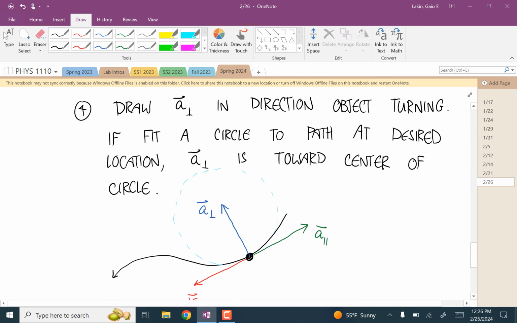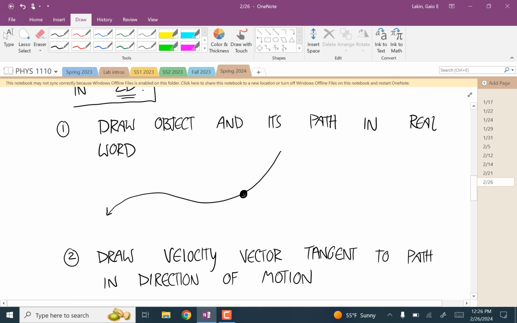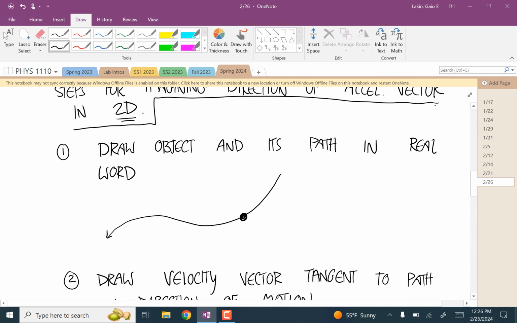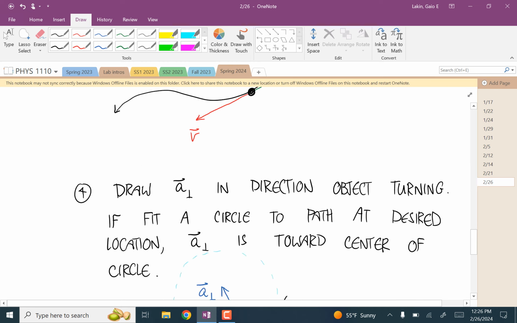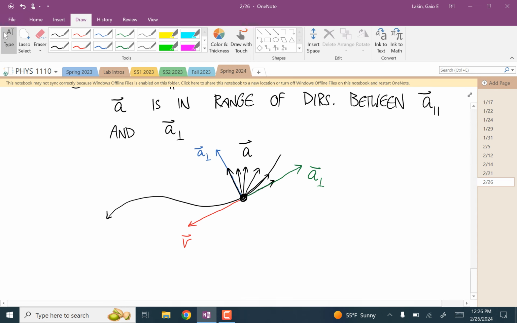Okay, so for an object that's traveling along this path and slowing down, we've figured out that the acceleration is somewhere in that 90-degree range. Like an example might be, maybe it's there. Okay, somewhere in that range of directions. Anybody have any questions about that?